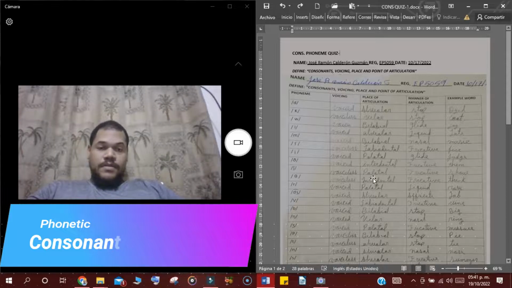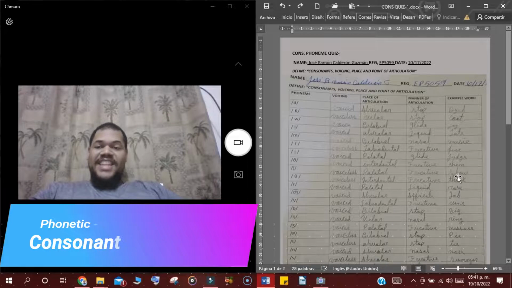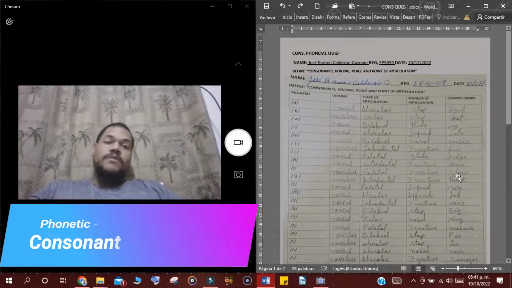Interdental means the tongue is placed between the upper and the lower teeth, and it is fricative because the airflow is pushing through a narrow space. And the word to describe this sound is think, think. If you notice, when you say that word, your vocal cords don't vibrate.